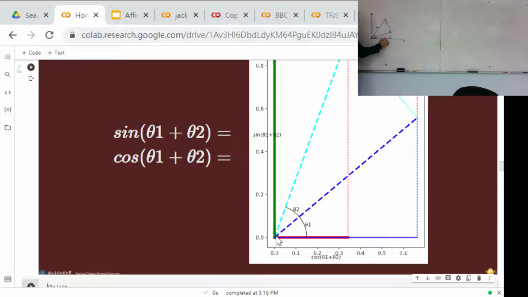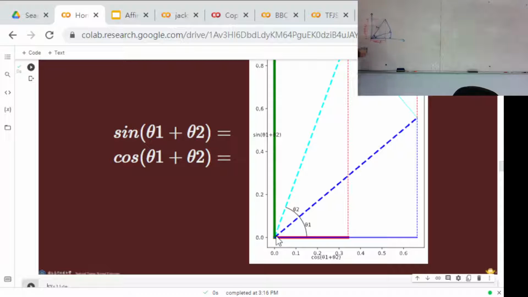Cosine would be this, and the sine would be this, right?